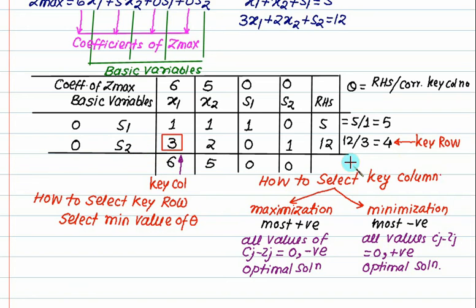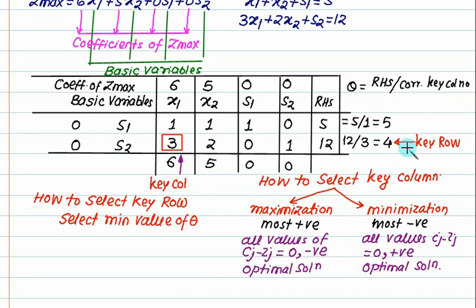This indicates that this row, that is S2, will go and X1 will enter. This number will leave and this number will enter. So next time S2 is replaced by X1, 0 is replaced by the coefficient of 6, and this number you have to make equal to 1. How does it become 1? Because of the identity matrix.